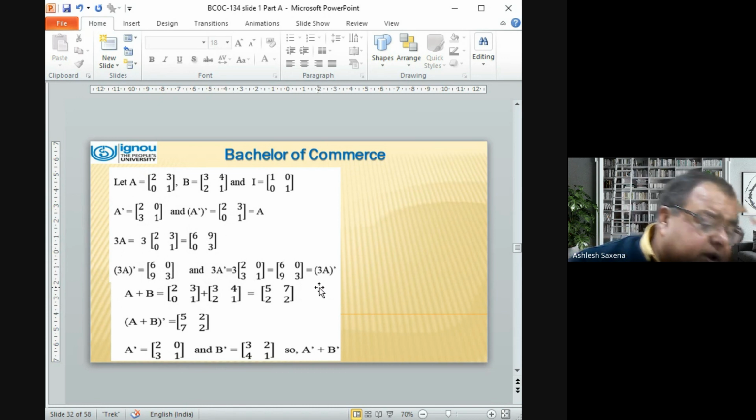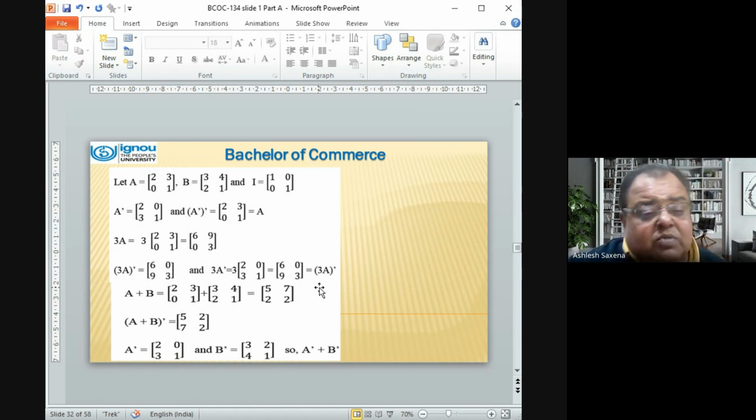Now, how to calculate A plus B? Because they are of the same order, they can be added. When you add matrix A to matrix B, you will get 5, 7, 2, 2.